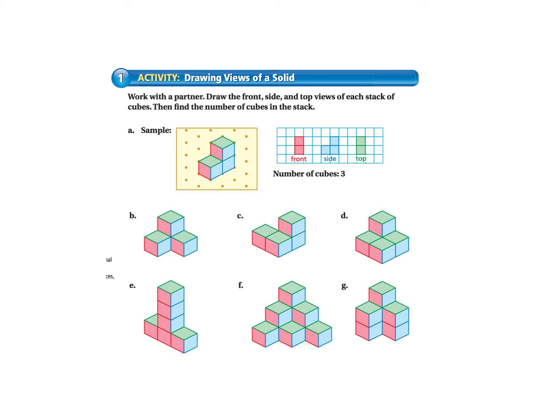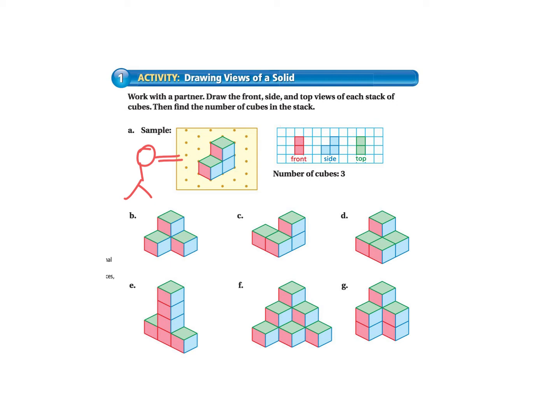Whoops, sorry. If we look, here's the sample one. So if we think about it, the front is red. So if you were standing over here looking at this, you would see that the front are these 2 red squares filled in right there, okay? Because that's all you could see. That's how you would draw the front.